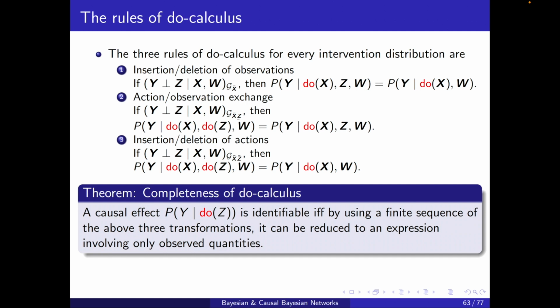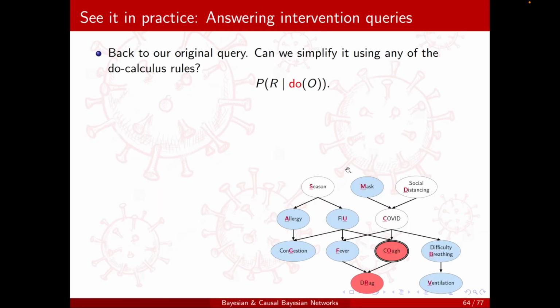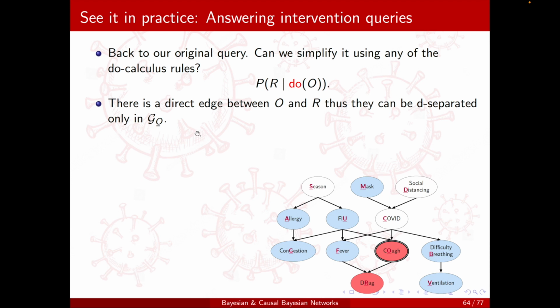But it's not always that straightforward to use these rules. Here's the first example we saw in this section: P of R given do of cough. There is a direct edge from cough to drug, so it can only be d-separated in G of O underline. If I mutilate the network and remove the incoming edges to cough, drug will still remain dependent on cough.